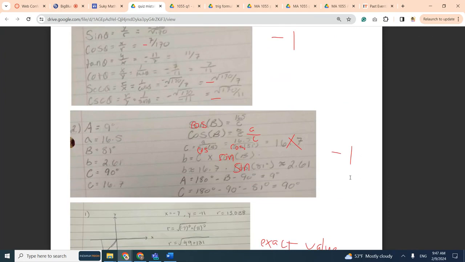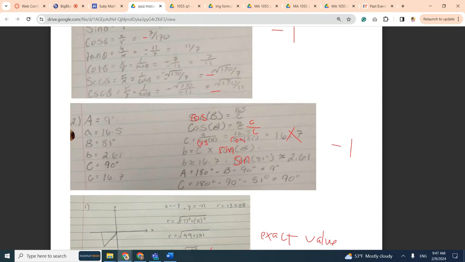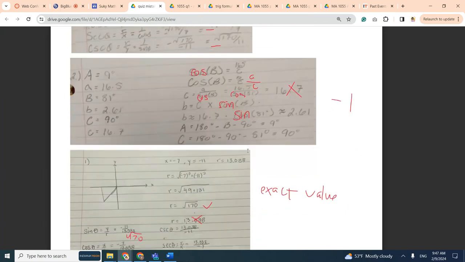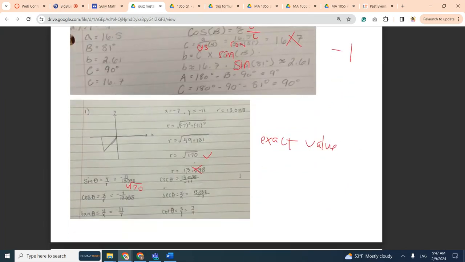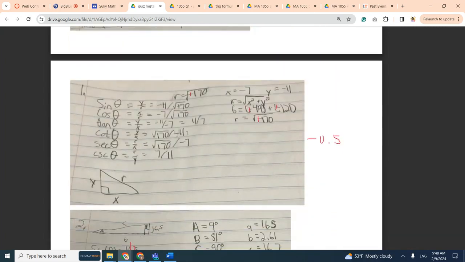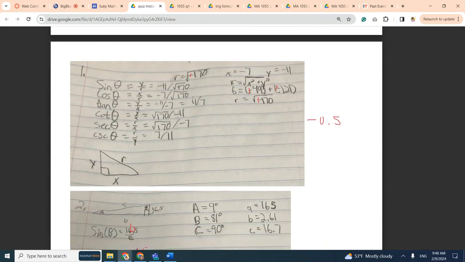And then b and c: b is the opposite, c is the hypotenuse, so that is the sine. And here, exact value. Don't use your calculator. Is that clear, everybody? In the exam, don't plug in your calculator. And here also it should be positive.